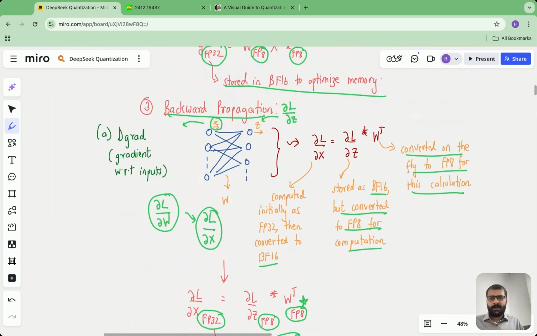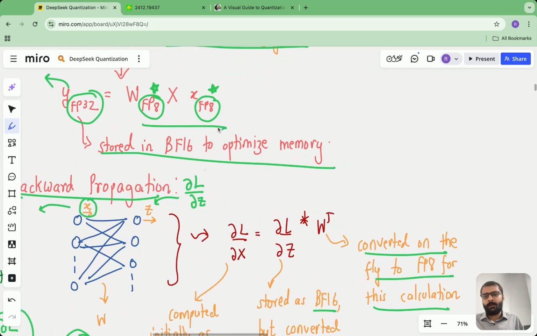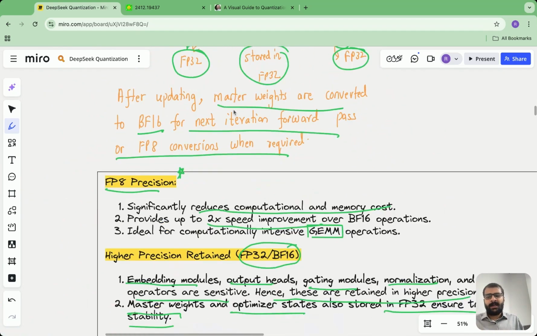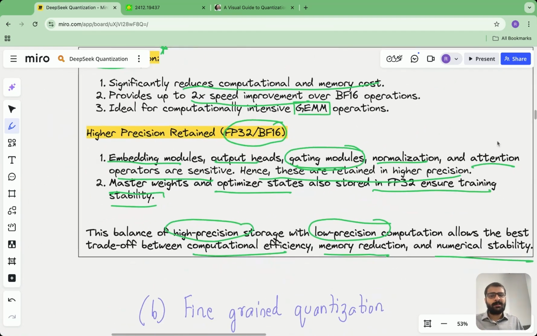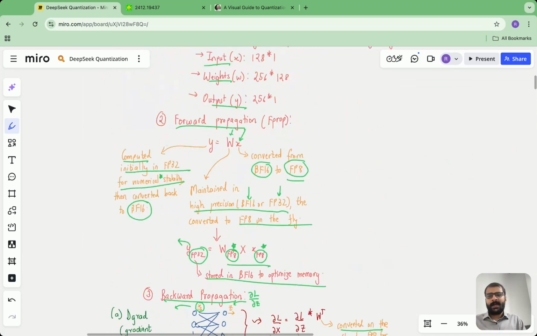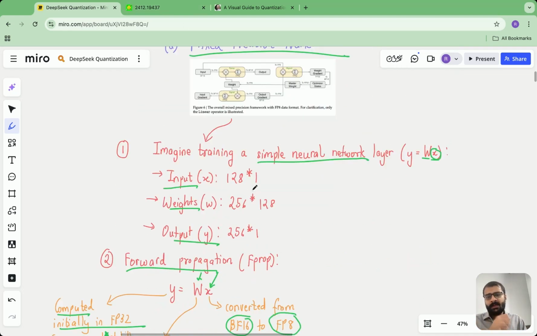Operations which are not important, or where we can do fine with reduced precision, we convert into floating point 8, whereas operations which are important are retained in floating point 32, especially in mixture of expert gating modules and attention operators, embedding modules, etc. All of those are retained in higher precision. So this is the main concept behind the mixed precision framework, and that's the first quantization technique which DeepSeek implemented.